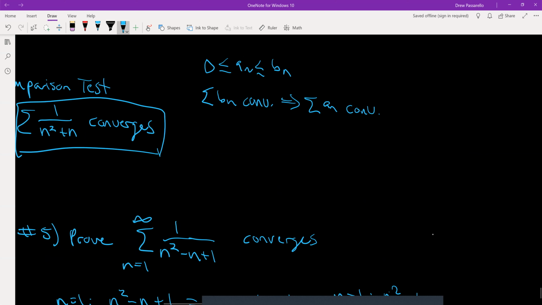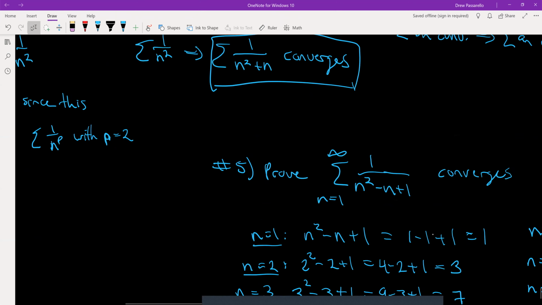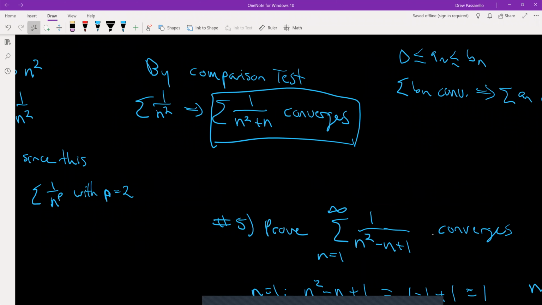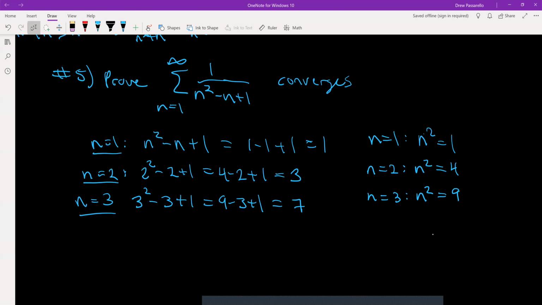And let's see, so for this one that we did, we had that n squared plus n was greater than n squared. So that allowed us, when you take the reciprocal, we had 1 over n squared plus n to be less than 1 over n squared. But for this, you see that comparing terms, so like for n is 2, we have 3 versus 4.